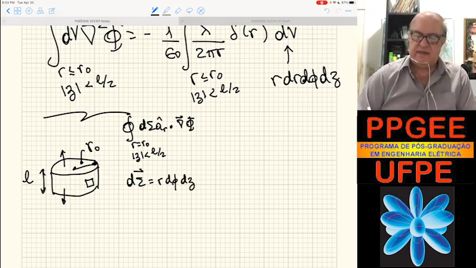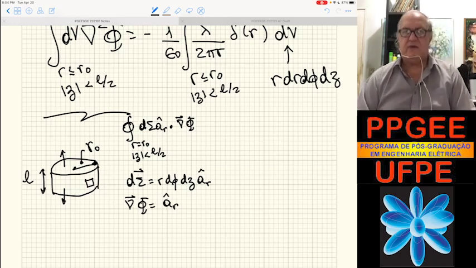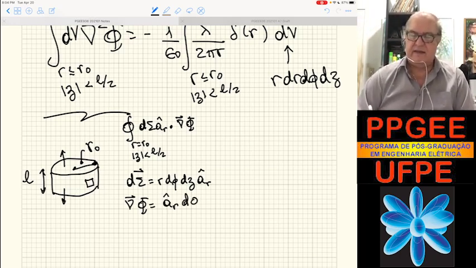So the vector is this times a_r, and the gradient equals a_r in cylindrical coordinates dφ/dr. So this is calculated at R0, right? The surface is at r equals R0.